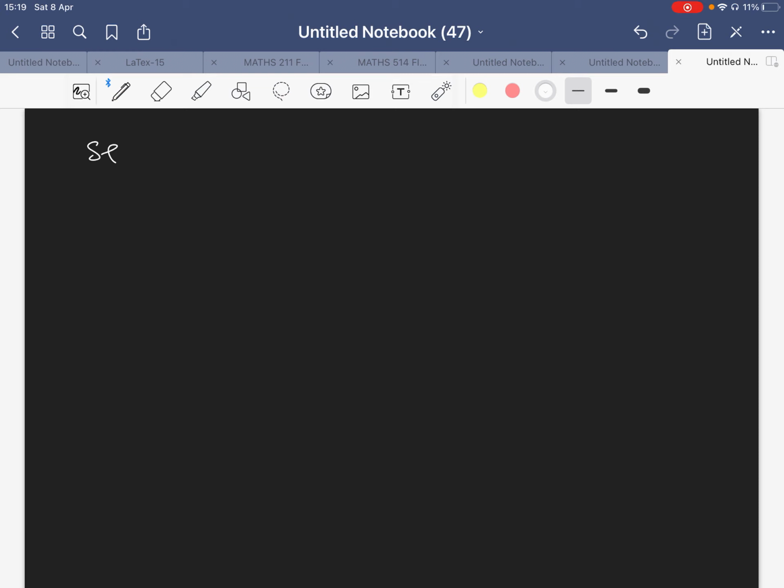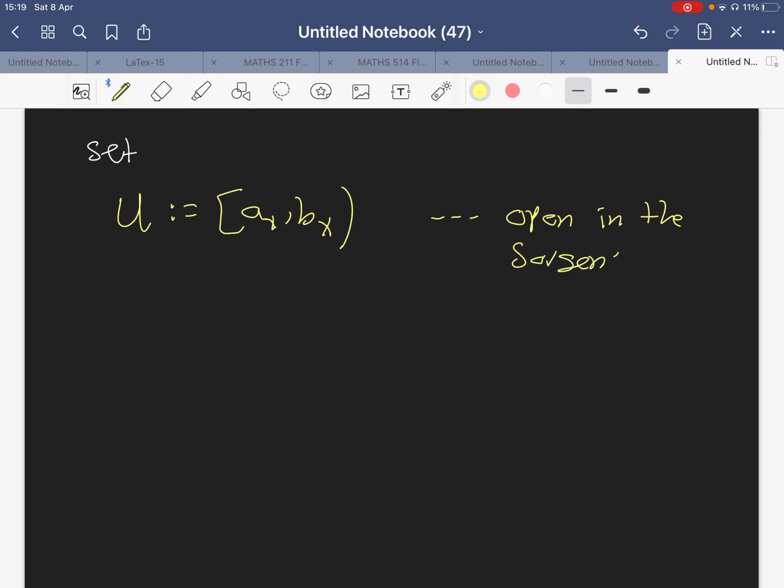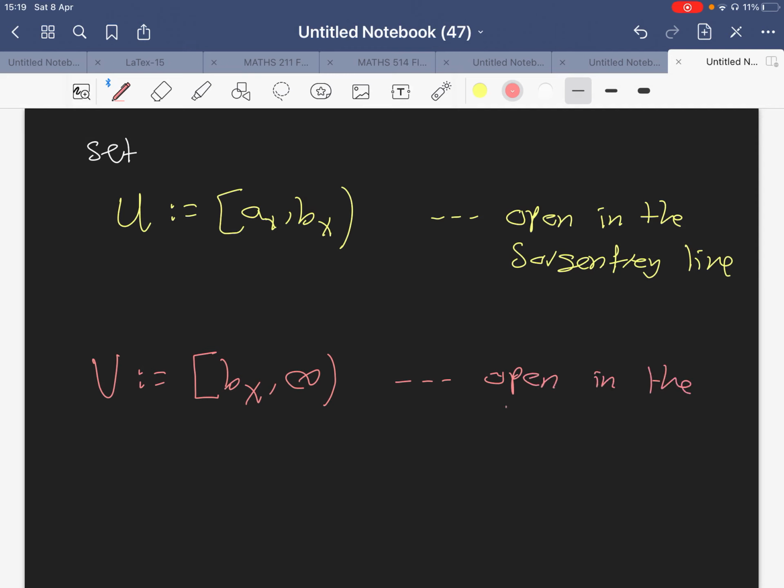So finally, set U to be [a_X, b_X). Of course, this is open in the Sorgenfrey line. Next, I will take V, and I will start from b_X to infinity. And of course, again, this is open in the Sorgenfrey line.